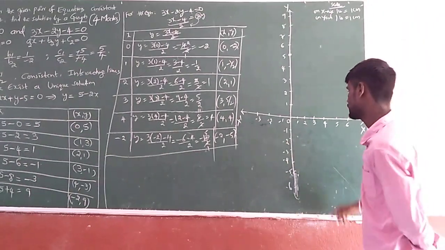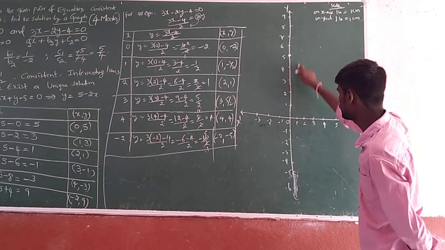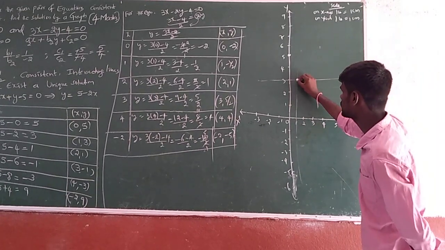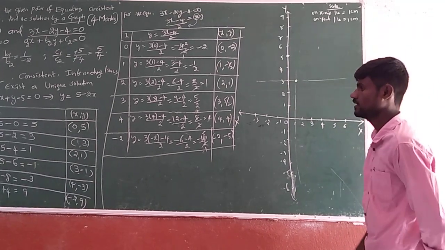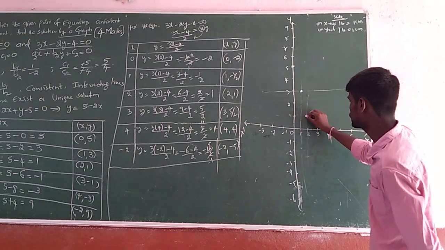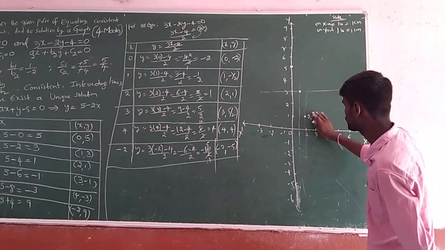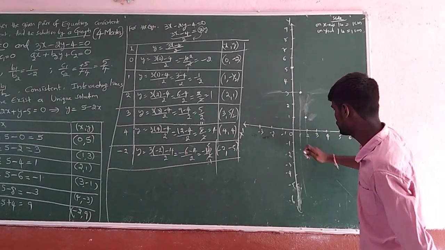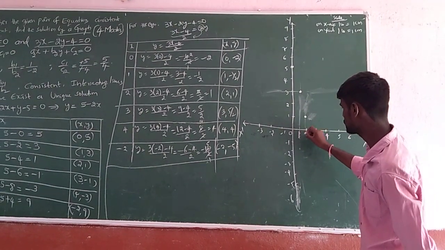Next 1, 3. On the graph sheet for 1 we have a vertical line, and a horizontal line for 3. Where they join, we get 1, 3. Next 2, 1. Similarly, we have a vertical line at 2 and a horizontal line at 1, so you will get 2, 1. I hope you can understand easily.